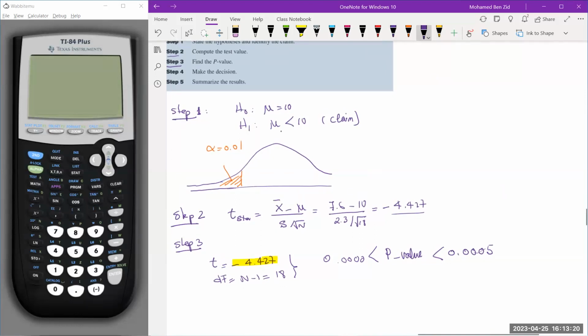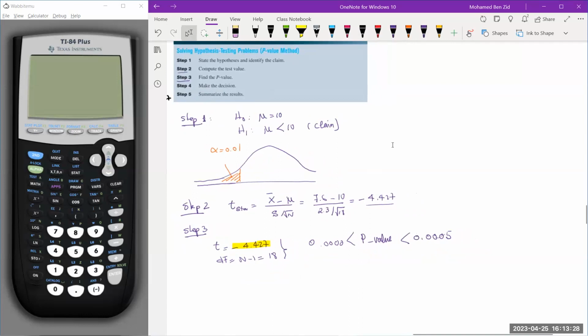Now, the decision that you're going to make, right? Remember the formula that we did earlier regarding the p-value and how do you make a decision, right? So your formula is p-value smaller than alpha, reject. P-value greater than alpha, do not reject.